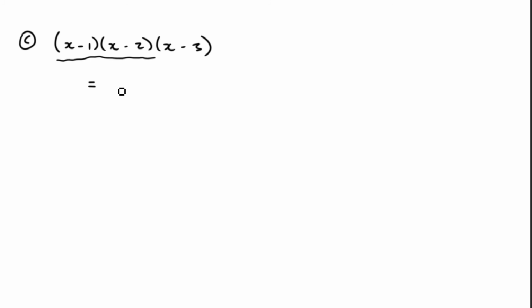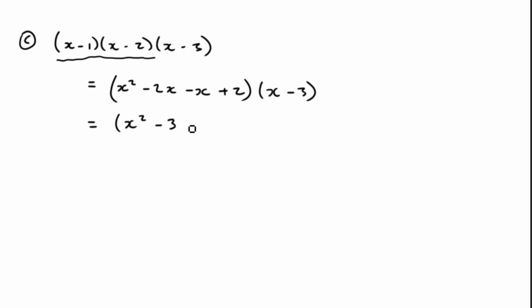So if we do that, we will get x squared, subtract 2x, subtract x, plus 2, which we still have to multiply by x minus 3. Of course, it will be easier if we simplify this before we carry on. Altogether, we've got x squared subtract 3x plus 2 to multiply by x minus 3.